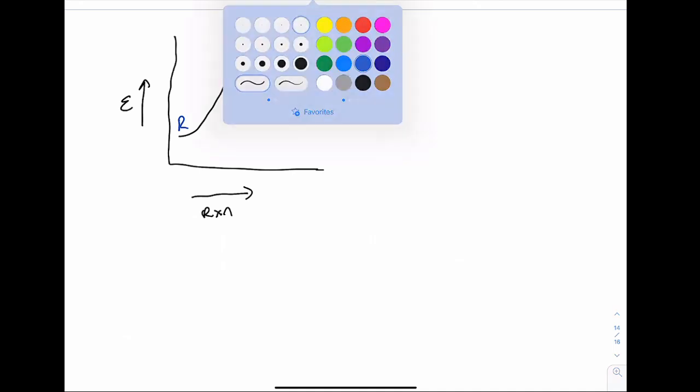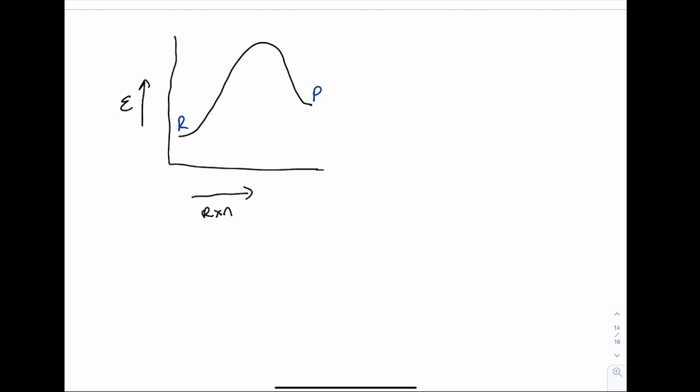If we have an intermediate, we'll have a little dip and then another transition state, right? Every time we have an intermediate, we're going to have more than one reaction step, right? Reactants to intermediate, from intermediate to products. So each of those will have a transition state. Here I only have one transition state. I do not have an intermediate. So transition state, no intermediate for this one.